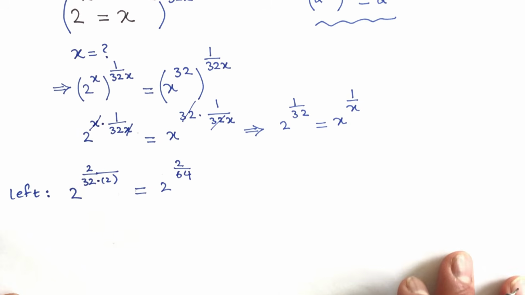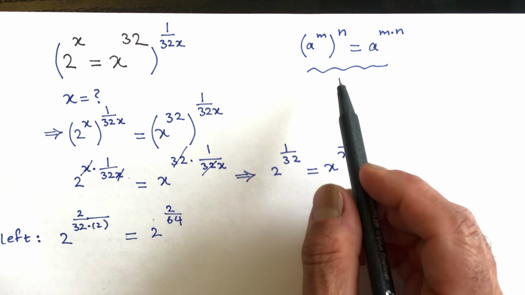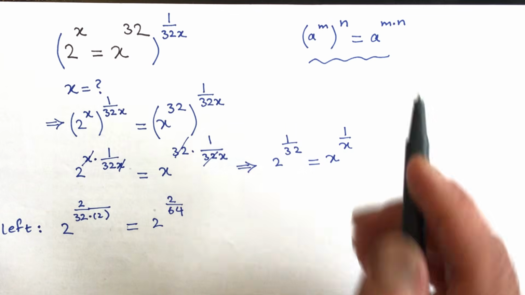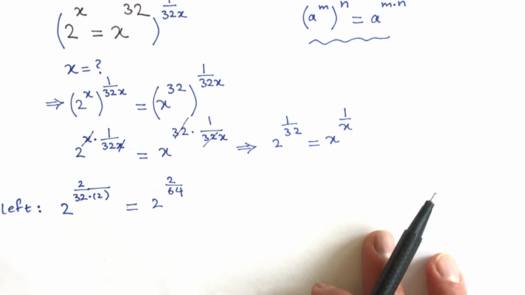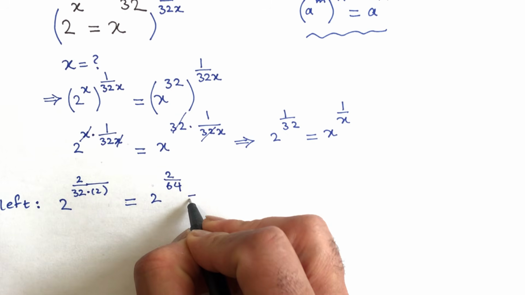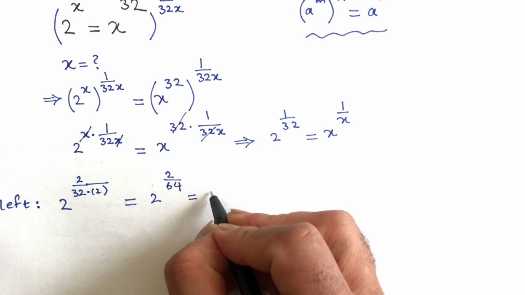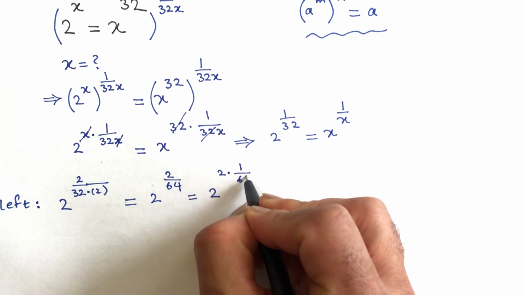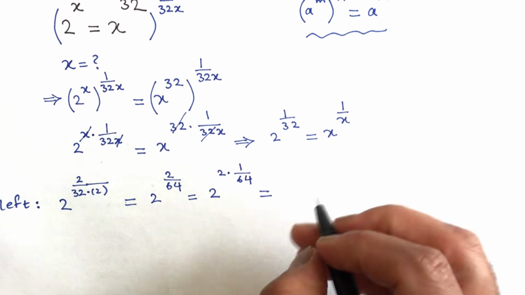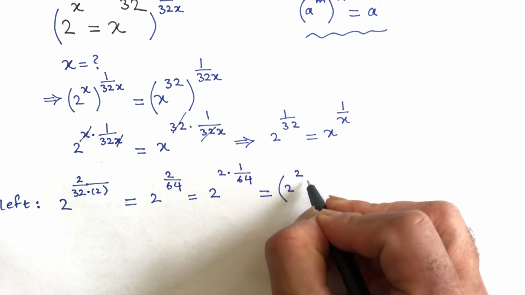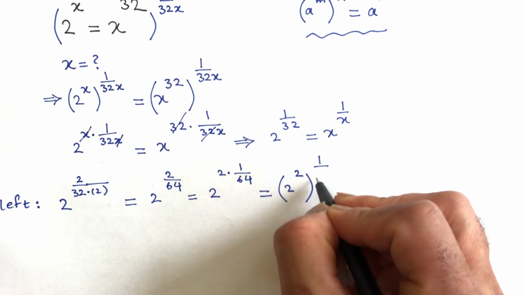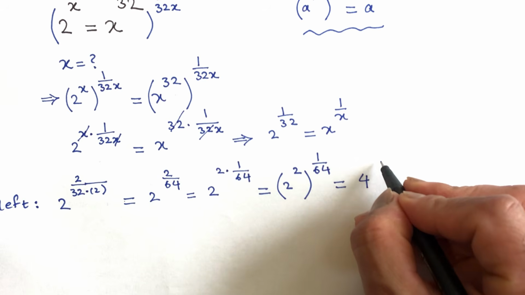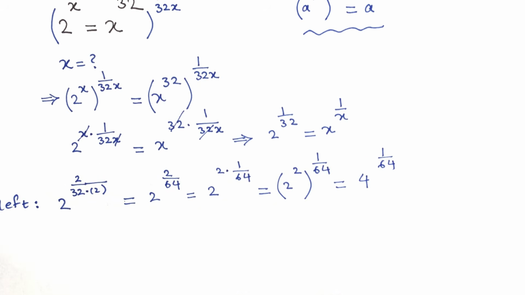And you know from this rule of powers, I can separate the numbers in the power like here, but in the inverse, correct direction. So you can write it like 2 to the power of 2 times 1 over 64. That equals, from this rule, 2 squared to the power of 1 over 64. That equals 4 to the power of 1 over 64.